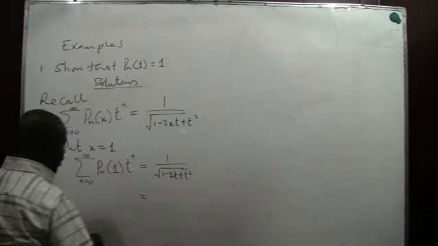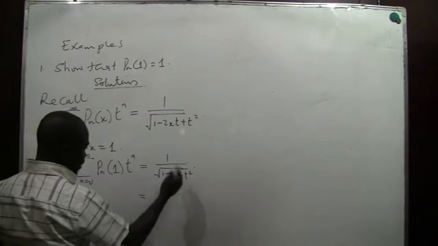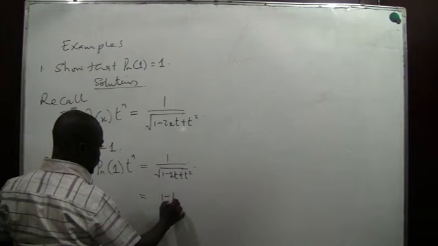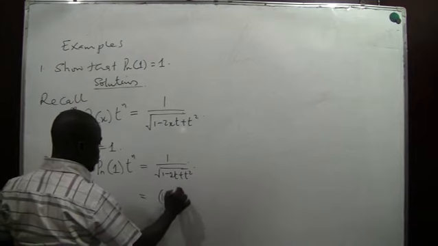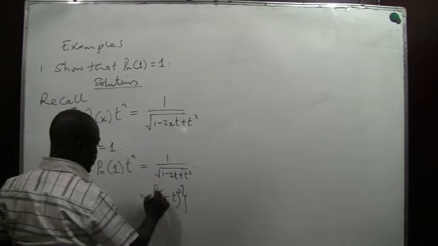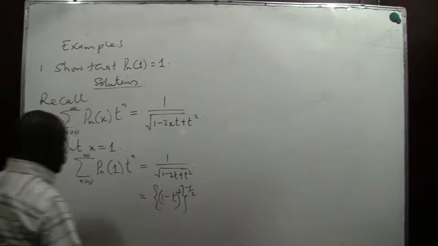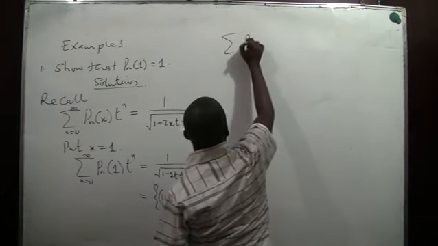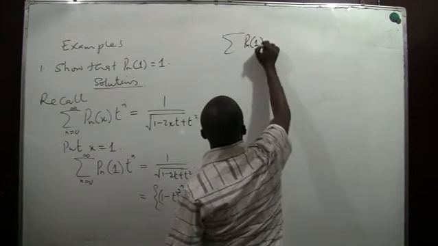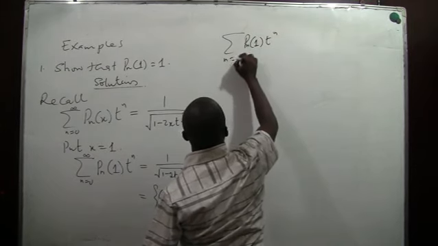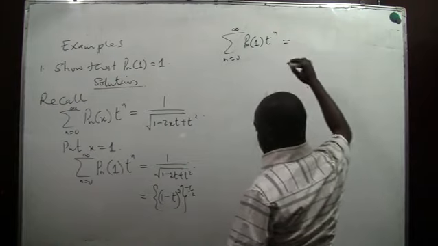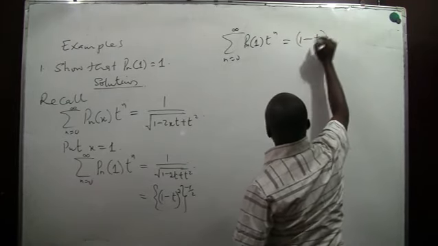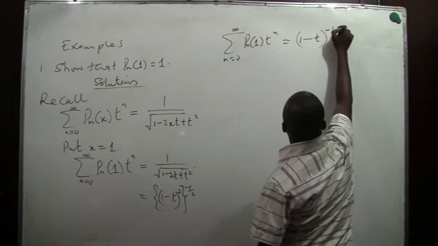The denominator can actually be factorized, and applying the law of indices, we will have 1 minus t everything squared all raised to power minus half, which gives summation Pn of 1 t raised to power n from 0 to infinity equals 1 minus t raised to power minus 1.